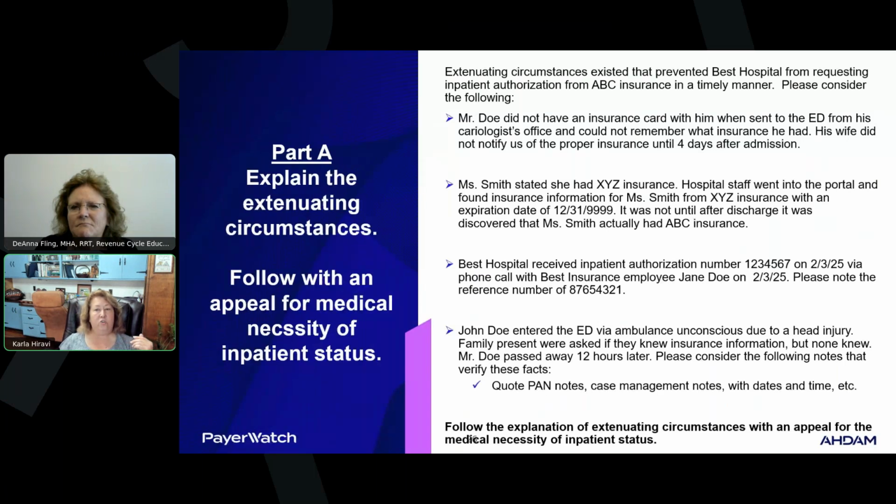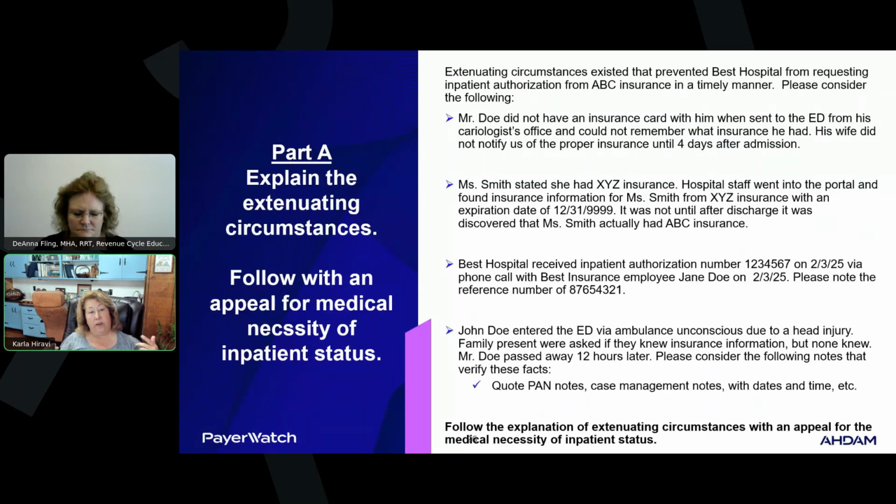Mr. Doe didn't have an insurance card when sent to the ED, and he couldn't remember what it was. His wife found it, but it wasn't until 4 days after admission. You explain that extenuating circumstance in as much detail as you possibly can, and then you follow that with an appeal for medical necessity.